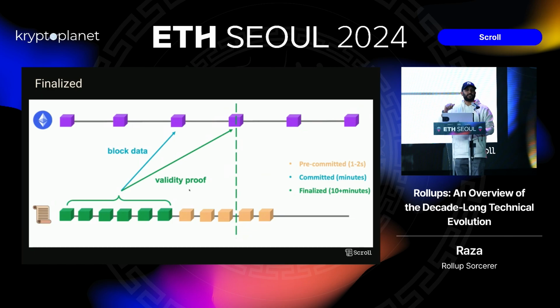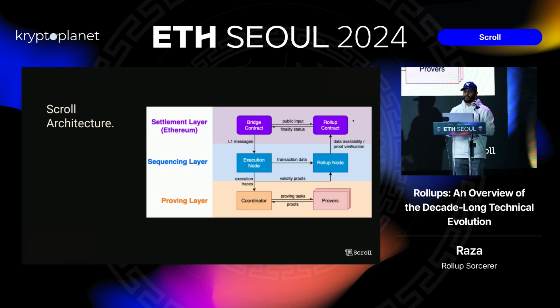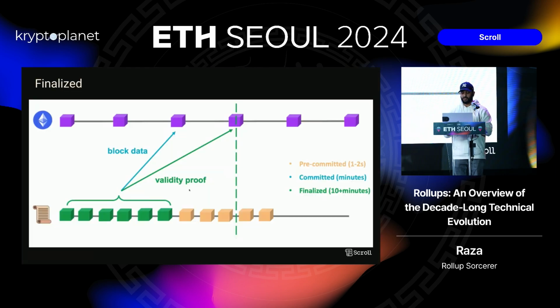When you create a transaction, within 1 to 2 seconds it's already available on Scroll. Then there's the committed phase, where we commit the transaction data on Ethereum in about a couple of minutes. So this data would be available to you on Ethereum in a couple of minutes. And then it takes about 10 minutes to also post the ZK proof that these transactions are valid.